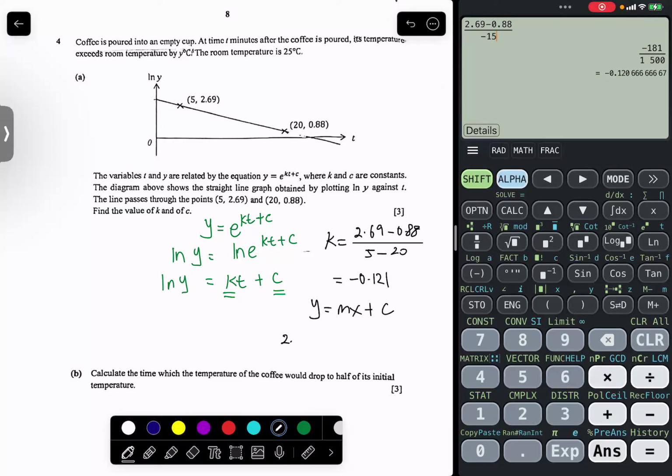So 2.69 equals negative 0.121 times 5 plus c. c equals plus 0.121 times 5, so 3.295.